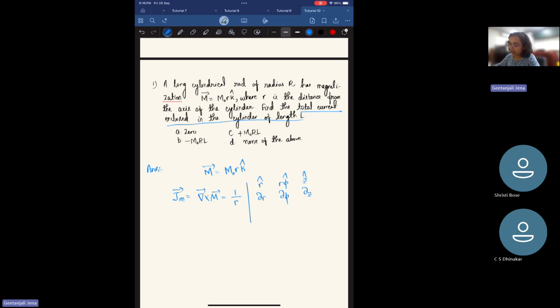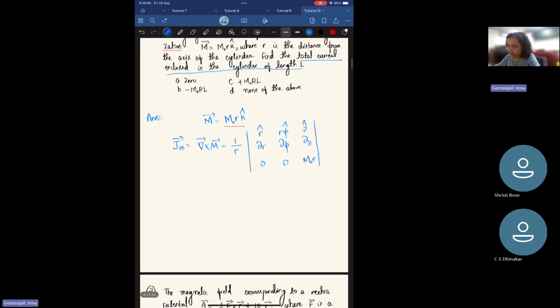M has only a phi component, so the components are 0, M0 R, 0. If you simplify it, it will be 1 by R times R dou by dou R of M0 R, phi hat. And this is minus M0 phi hat.